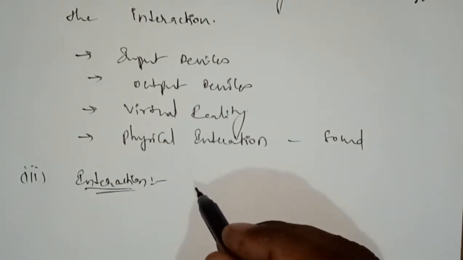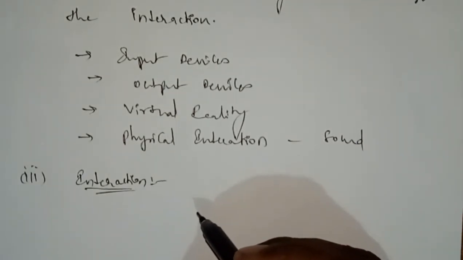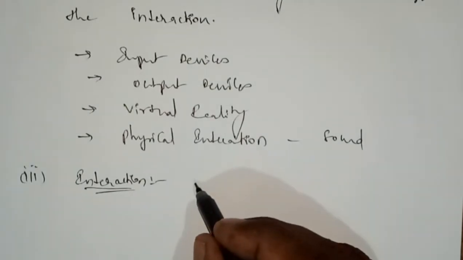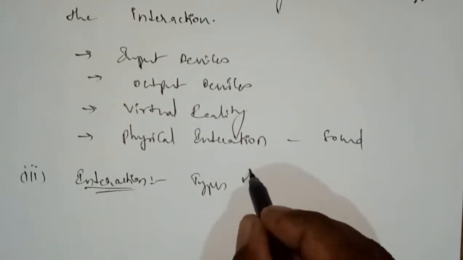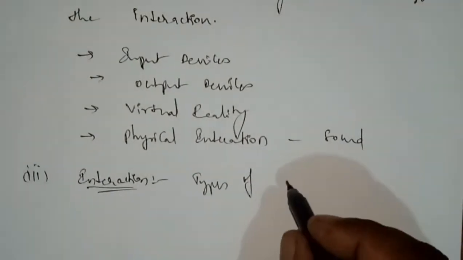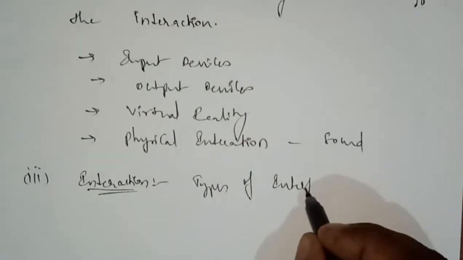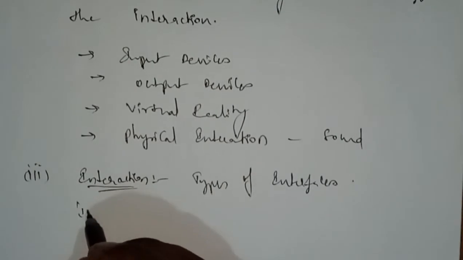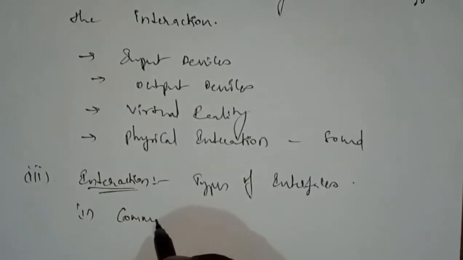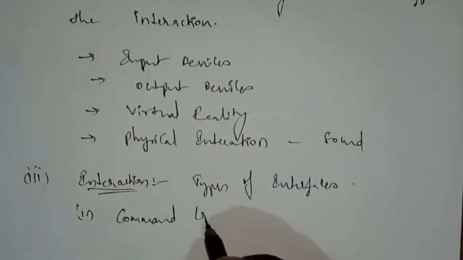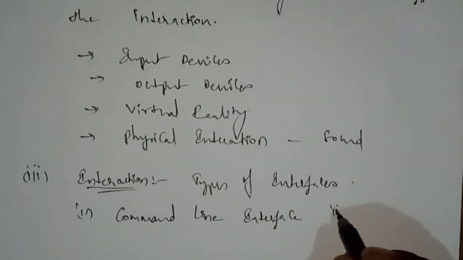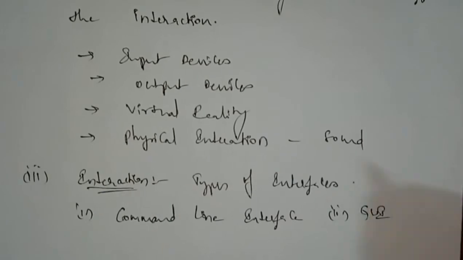By using such interfaces, humans can interact with computers or systems. The types of interfaces: first, as I said earlier, command line interface, and then GUI, graphical user interface.